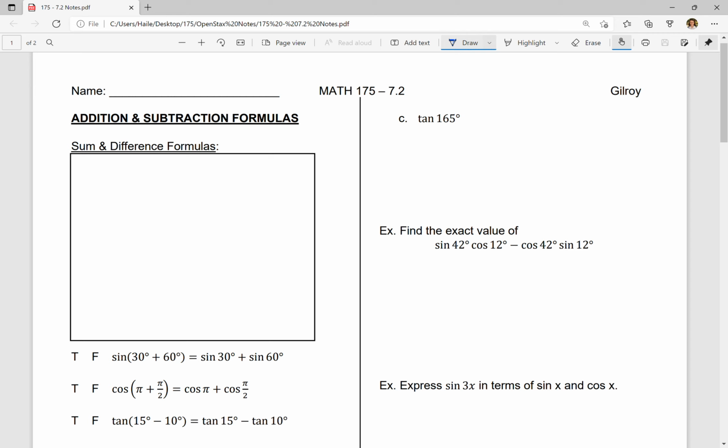We're going to say that U and V are angles, and we have the following sum and difference formulas.